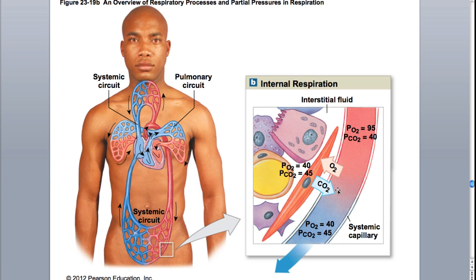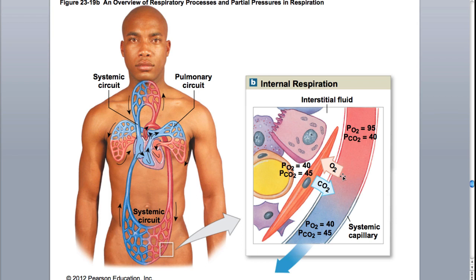Nimish, that doesn't hold true. There is a different reason here. It's close. 40 versus 45. Here, 45 versus 45. What's the difference? There's another third reason as to why CO2 wants to come into the blood even though it's so close. And that difference has to do with CO2's concentration gradient.